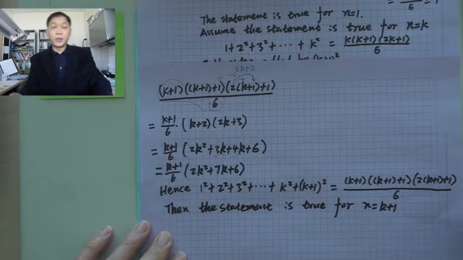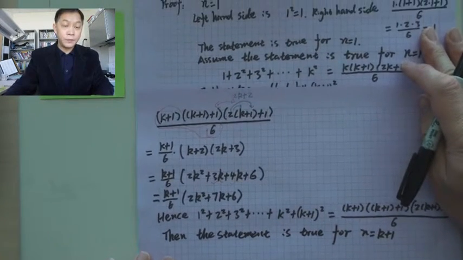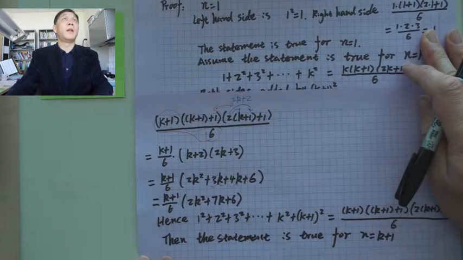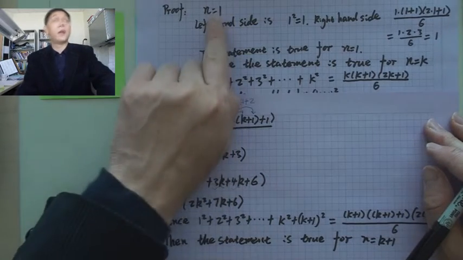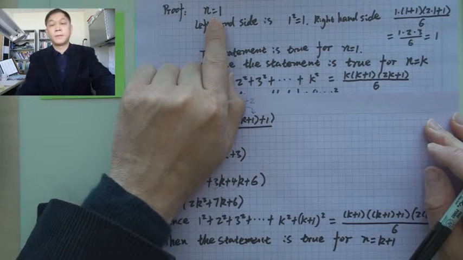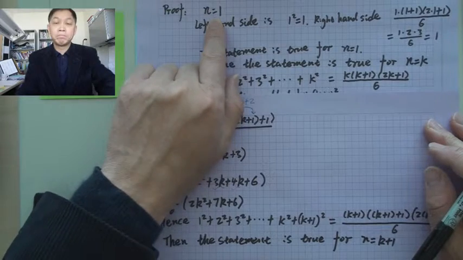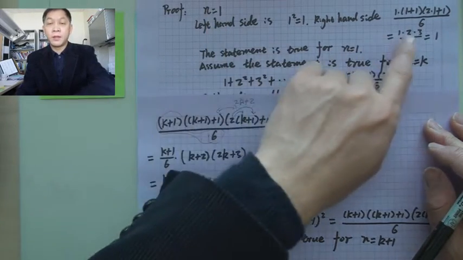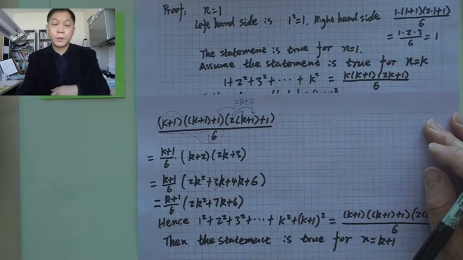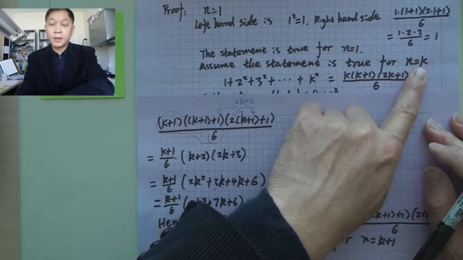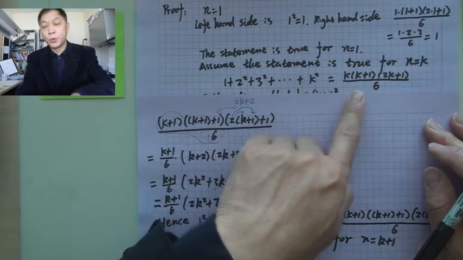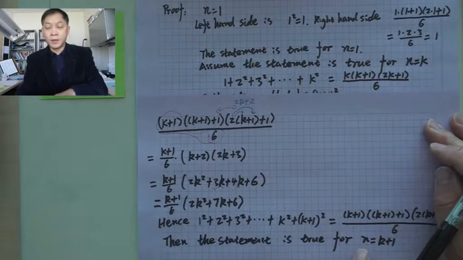So recall that we started with n is 1, and then we have a statement is true, and then we assume n is k is true, and we end up with the statement is true for n equals k plus 1.